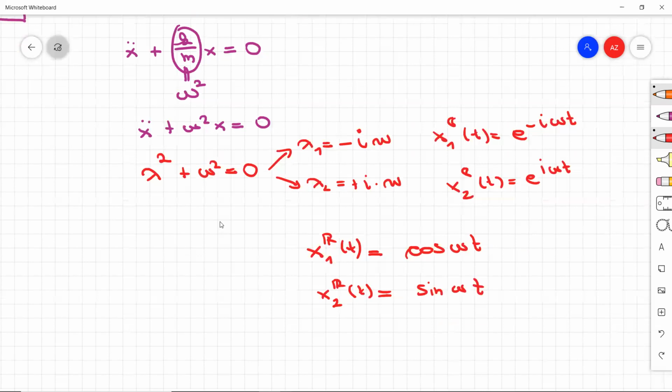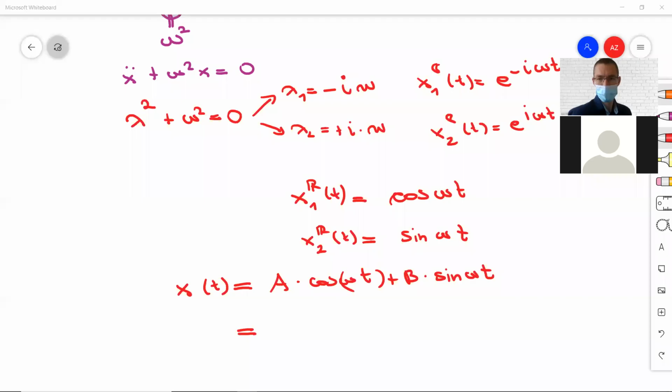So our x of t, the solution to this homogeneous part, is then a times cosine omega t plus b times sine omega t.